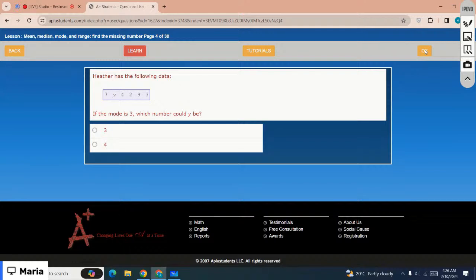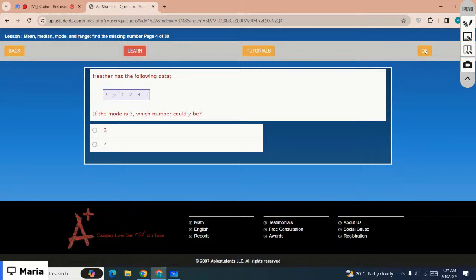Heather has the following data. If the mode is 3, what could y be? Which is the correct option? If the mode is 3, right?